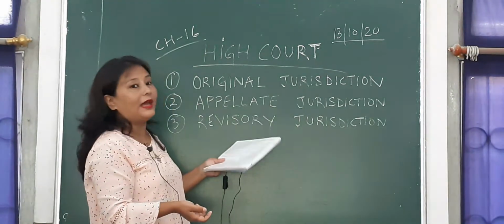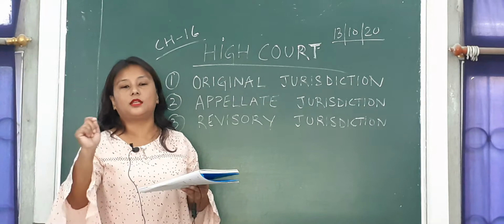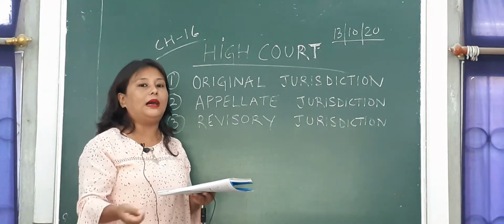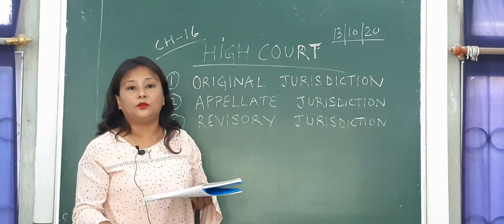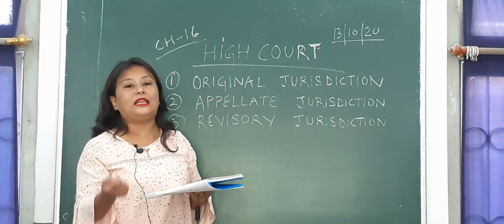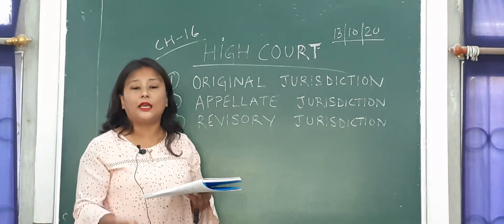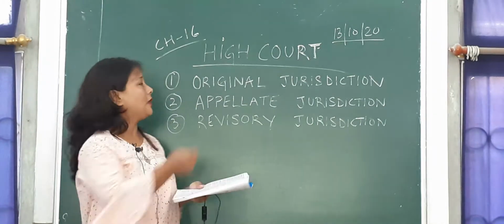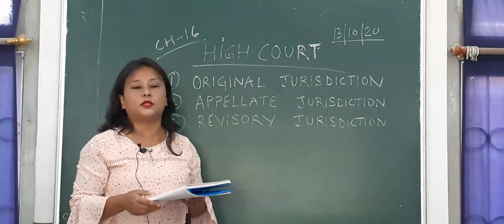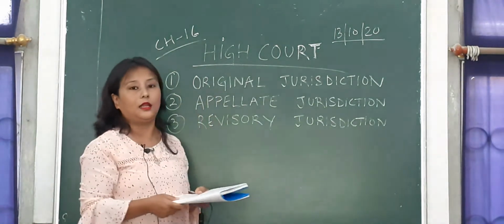Here, in fact, the High Court checks the decisions and judgments given by a lower level court, and that is done to see if any mistake is made. And if any mistake is made, what does the High Court do? Rectifies it or changes it. So these are the three jurisdictions enjoyed by the High Court in India.